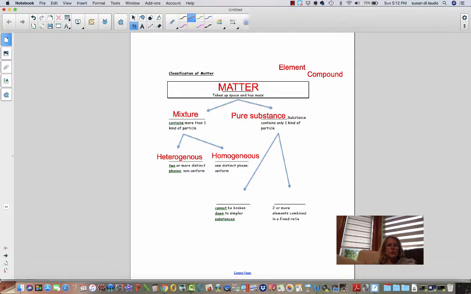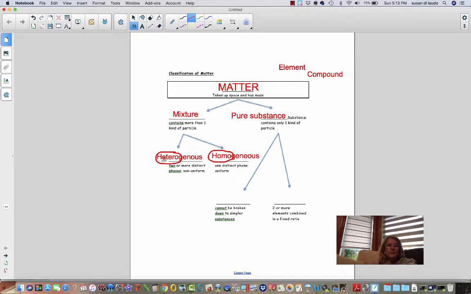And so those words are kind of important, and the prefixes kind of tell us everything we need to know. If the prefix is hetero, that means different. So there's two or more distinct phases, non-uniform, you can definitely see different parts. Homo, the prefix, means the same. So in a homogeneous mixture, everything looks the same.